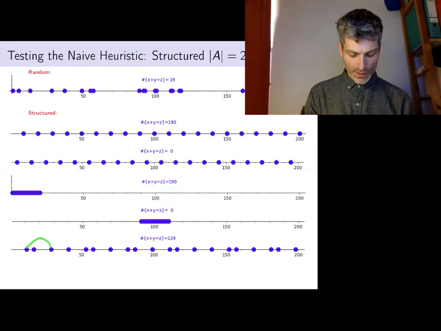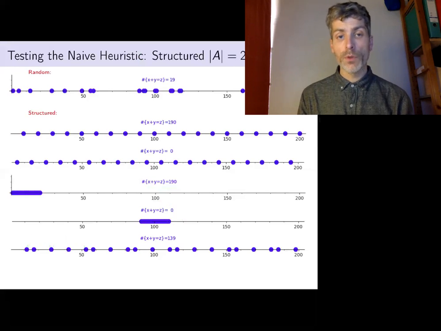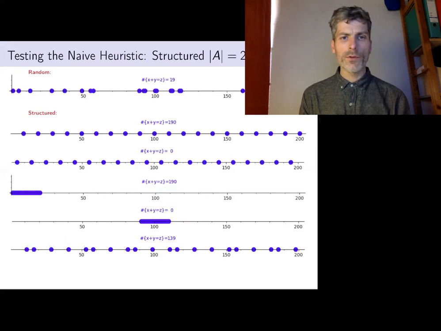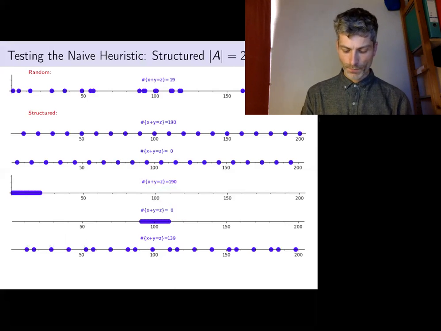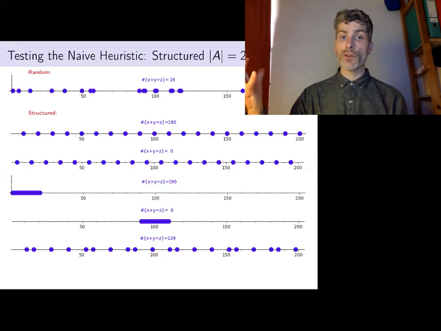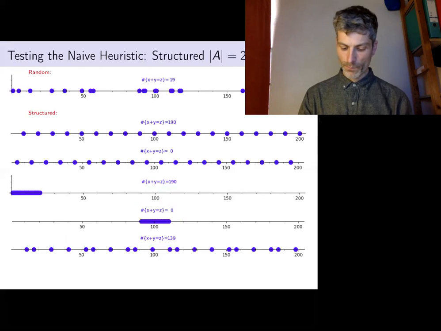You can sort of see some arithmetic progressions maybe emerging, up to little changes of plus or minus 1 or 2. So it looks like a union of some approximate arithmetic progressions. And we've got loads of solutions, 139, an order of magnitude larger than the naive heuristic predicts.